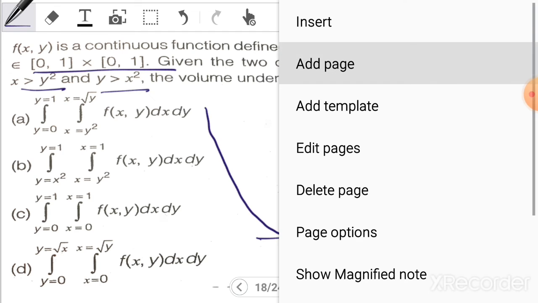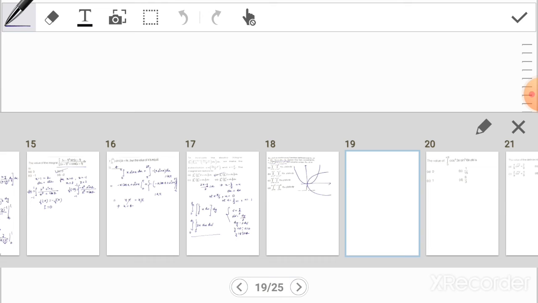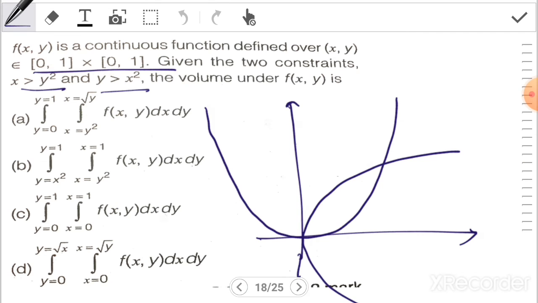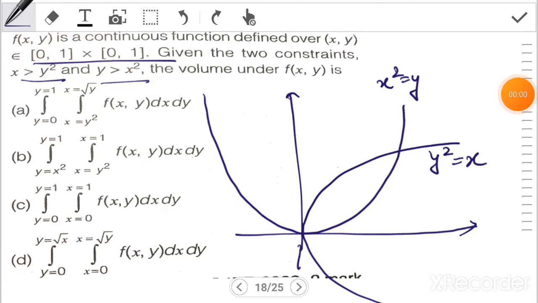This is x square is equal to y, and this is y square is equal to x. And this is the area we need to find.